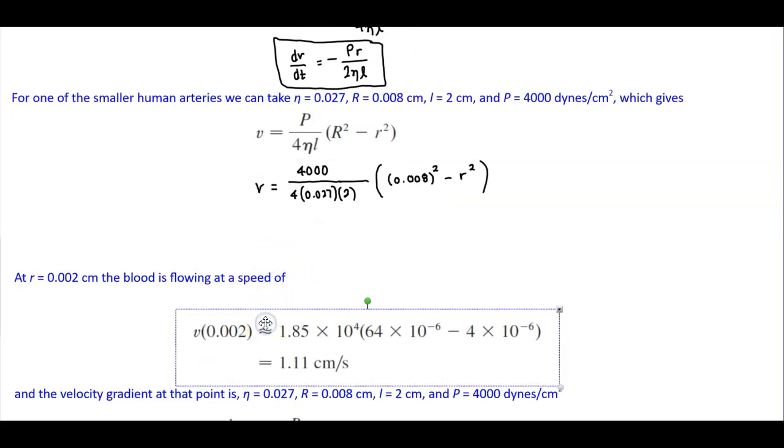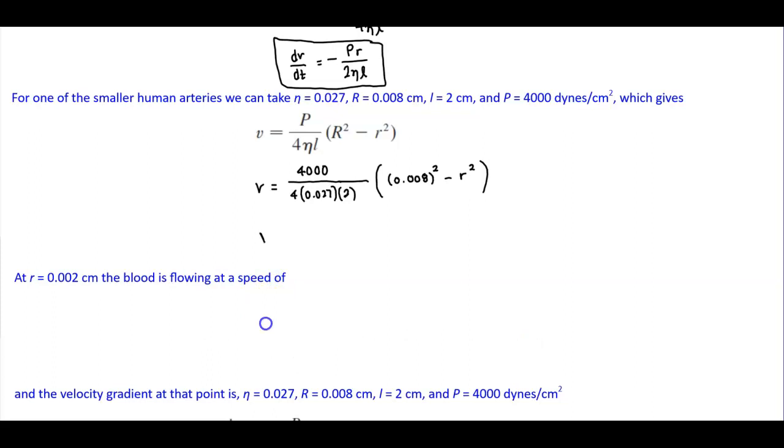Using the calculator, 4,000 divided by 4 times 0.027 times 2 gives a value of approximately 1.85 times 10 to the 4th. And 0.008 squared is the same thing as 6.4 times 10 to the negative 5th, minus r squared.